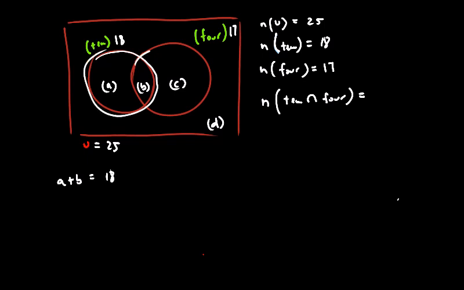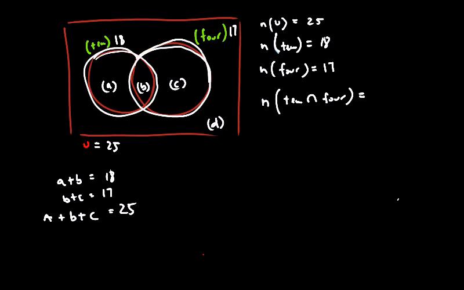B plus C has to equal 17. And A plus B plus C has to equal 25, because there are 25 people that dive total.